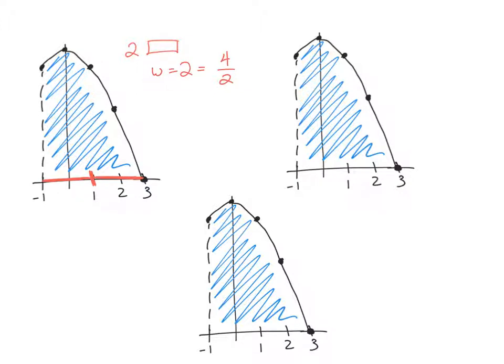So the left endpoint for this first interval happens at -1. So if we follow that all the way up to where the actual function is, that's what gives us the height of this rectangle. So we have a rectangle that is this tall and 2 units wide. So there it is.